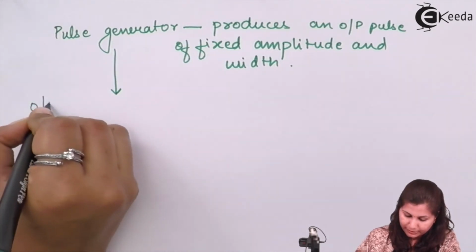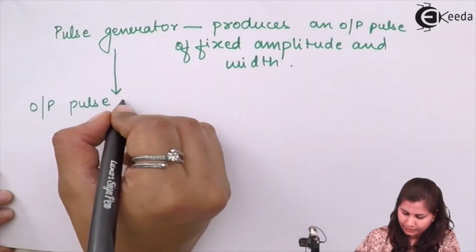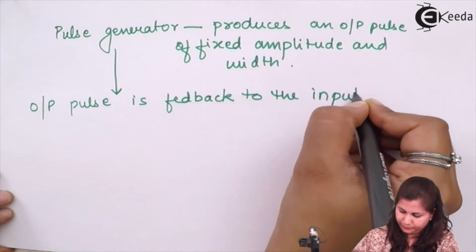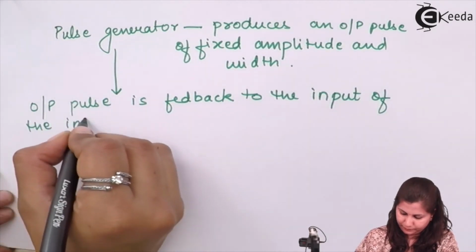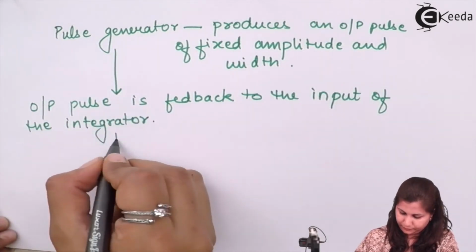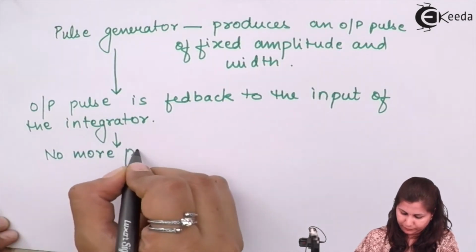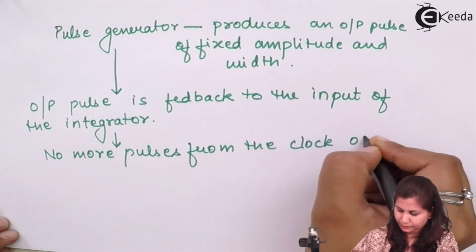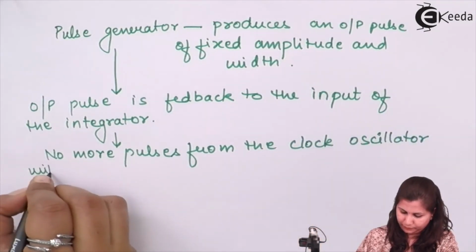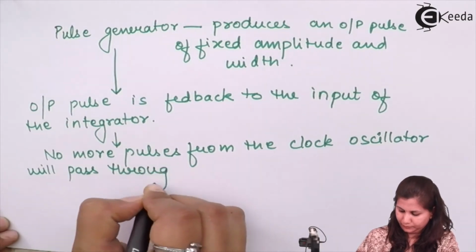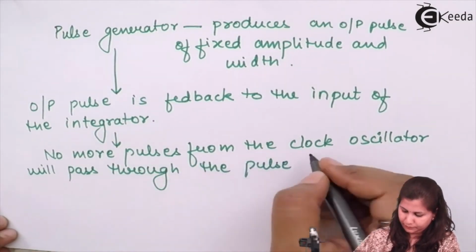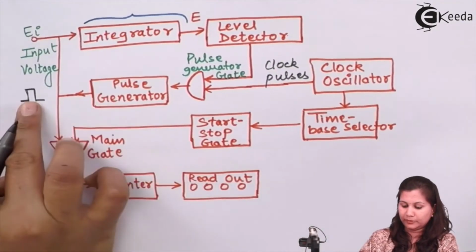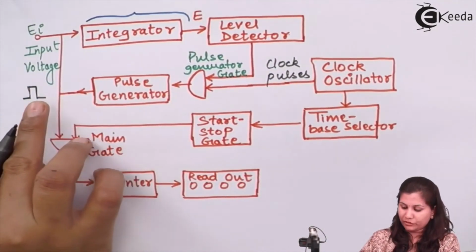So here we have seen that the rectangular pulse will be generated.